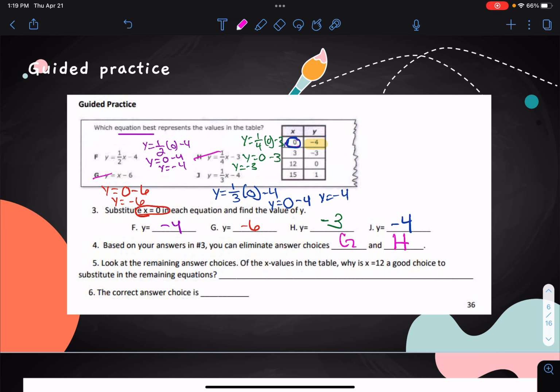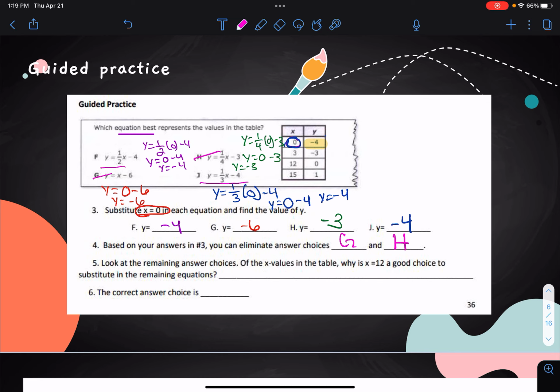So look at your 2 equations we have left. We have F and J left. Why do you think 12 is the best number to use? Yes, if you said 12 is the best number to use because it is divisible by both 2 and 3, you are correct.